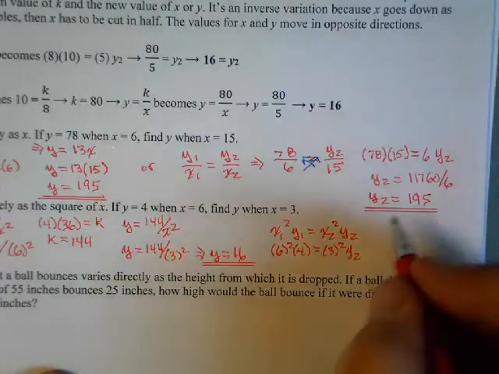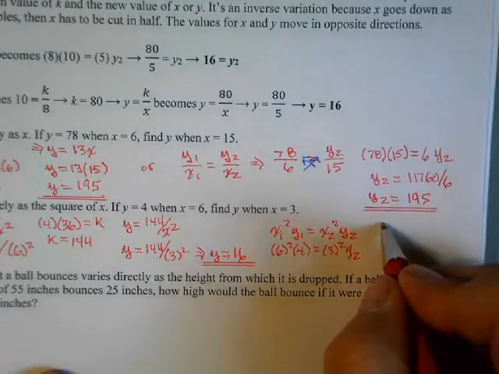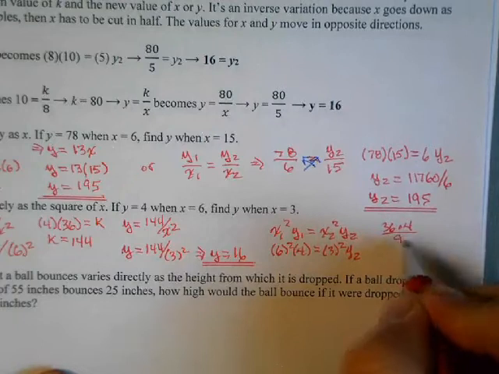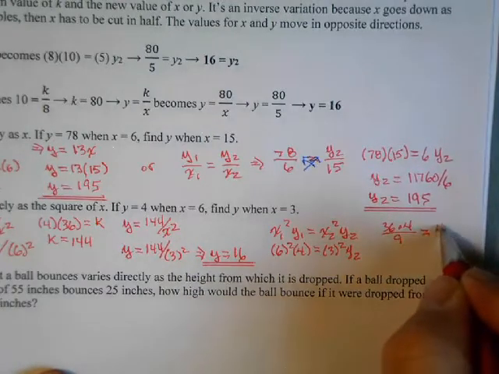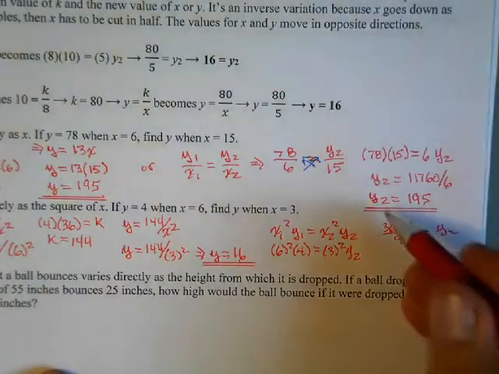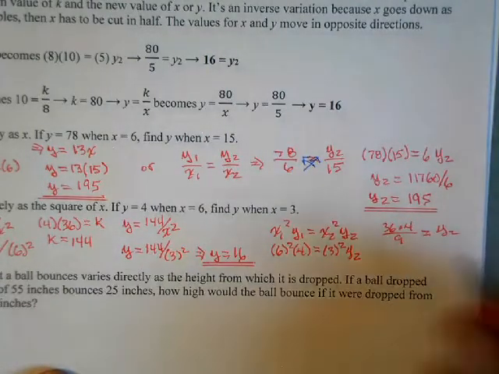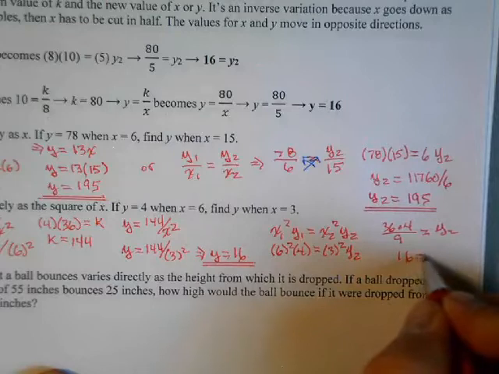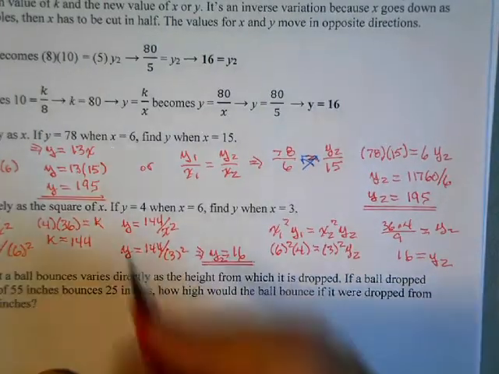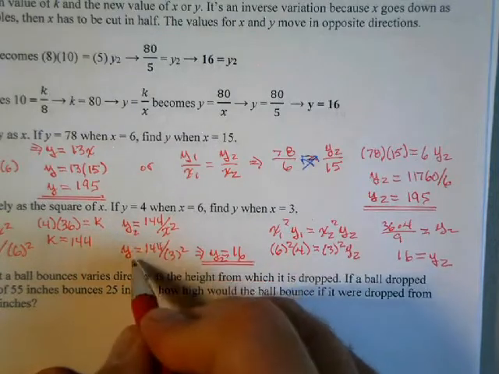And of course, that's going to give us 36 times 4 over 9 is y2. 3 squared is 9, so divide by that. 36 over 9, of course, is 4. 4 times 4 gives us our 16.